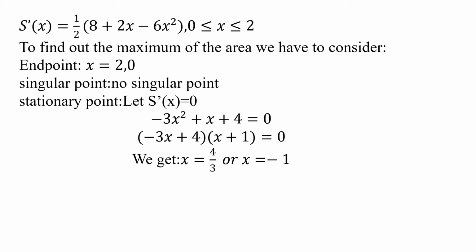So we get the endpoints x equals 2 and x equals 0, and the stationary points x equals 4/3 and x equals minus 1.